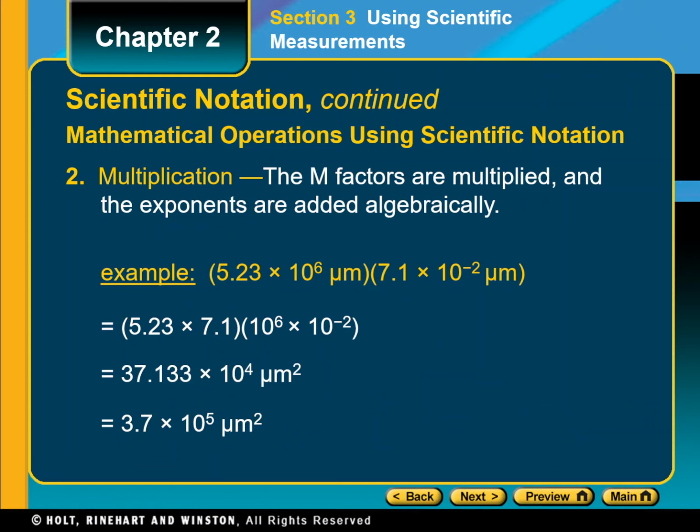Mathematical operations using scientific notation, multiplication and division. Step 1. To find the value of m in a product, multiply the two values of m. Step 2. To find the value of n in a product, add the two values of n.